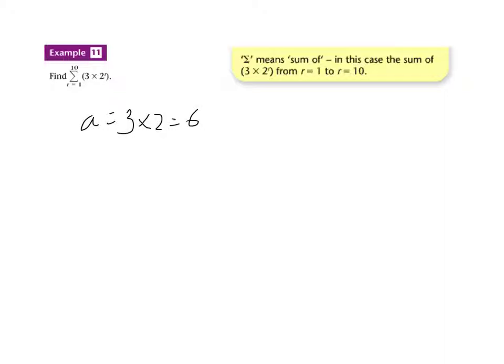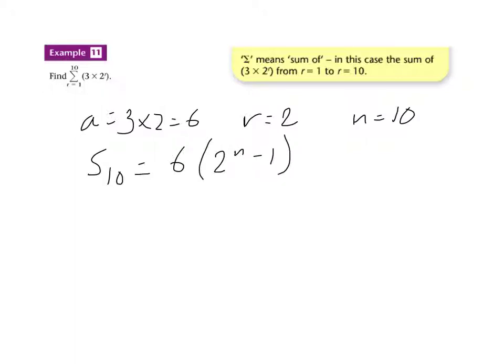It also tells us, because the bit we're multiplying every time is the 2, that our common ratio is 2 and that our value of n is 10. So S10 is defined as a(r to the n minus 1) over r minus 1, that is 6 times (2 to the 10 minus 1) over 2 minus 1, which we just number crunch, and if you type this into your calculator you should get the answer 6,138.